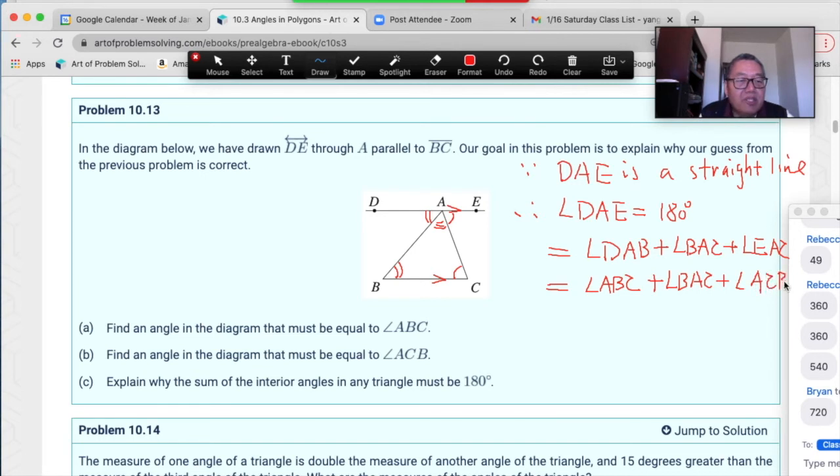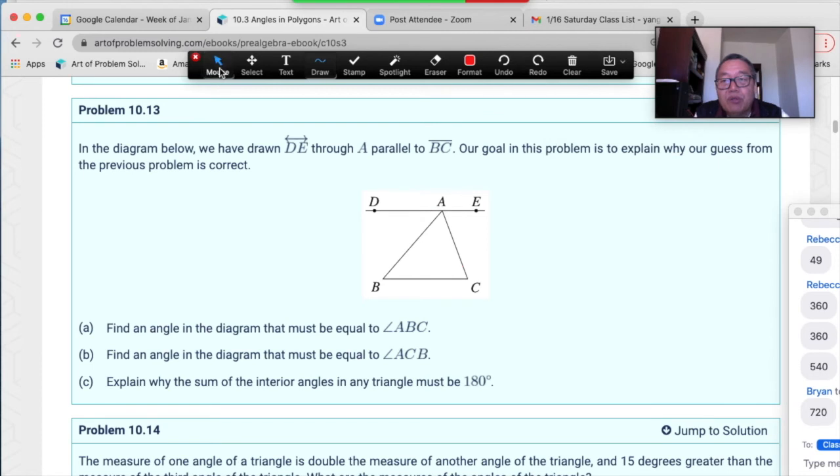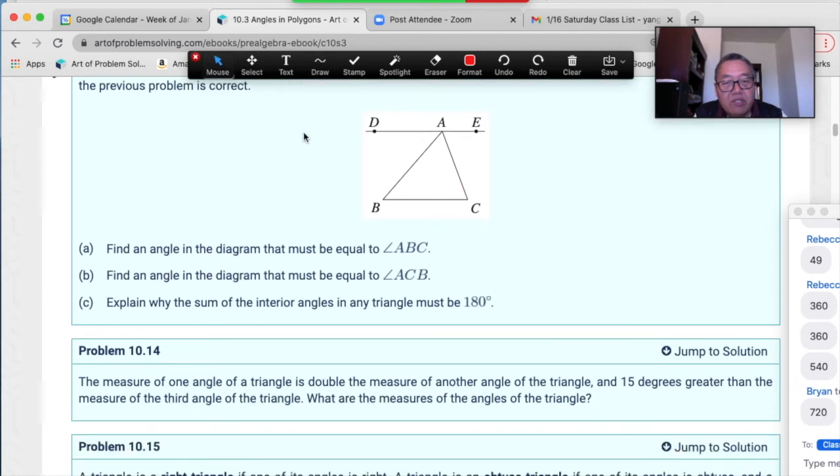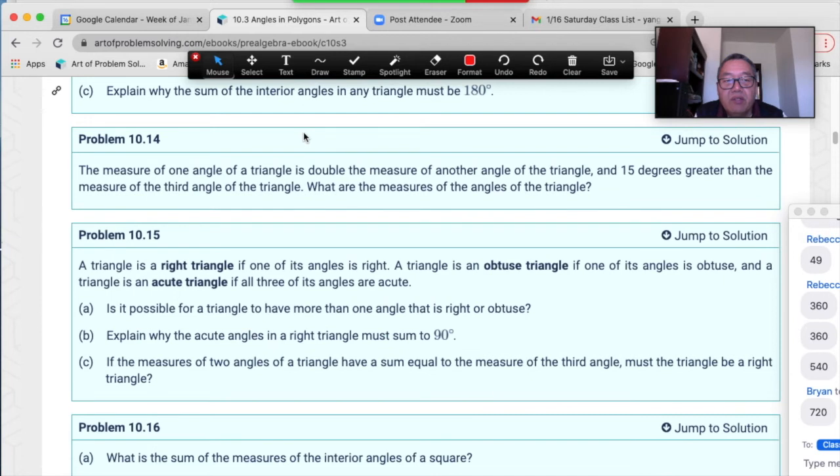This is the same reason, because this angle equals this angle. They are alternate interior angles. Therefore, these three angles add together to 180 degrees, because the sum of these three angles is the sum of interior angles in this triangle. Therefore, this equals 180 degrees. So this is the way to prove the sum of interior angles in a triangle equals 180 degrees.